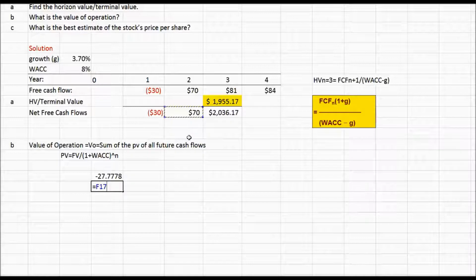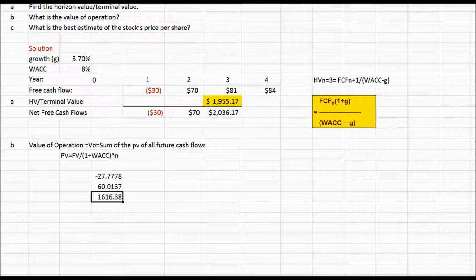This second cash flow divided by 1 plus WACC, and this is the second year, so we are discounting 2 times, so it's raised to 2, so it's worth $60. And now the next number, divided by 1 plus WACC raised to 3, because it's year 3, so we have to discount 3 times.